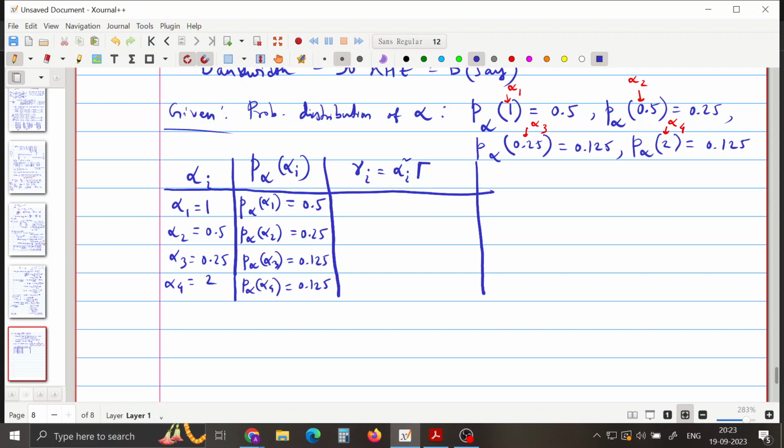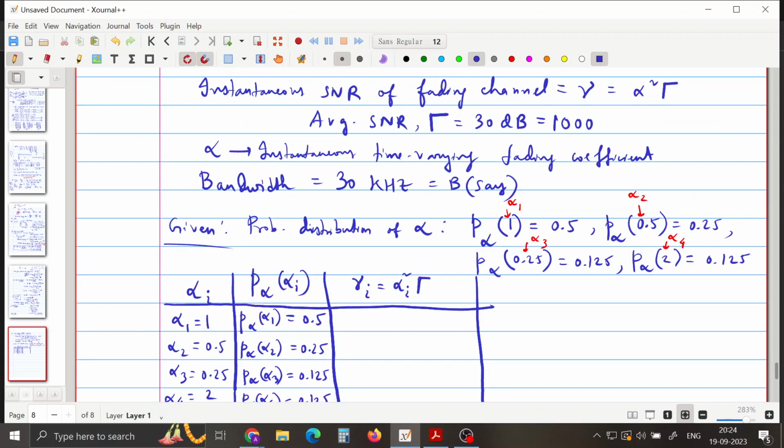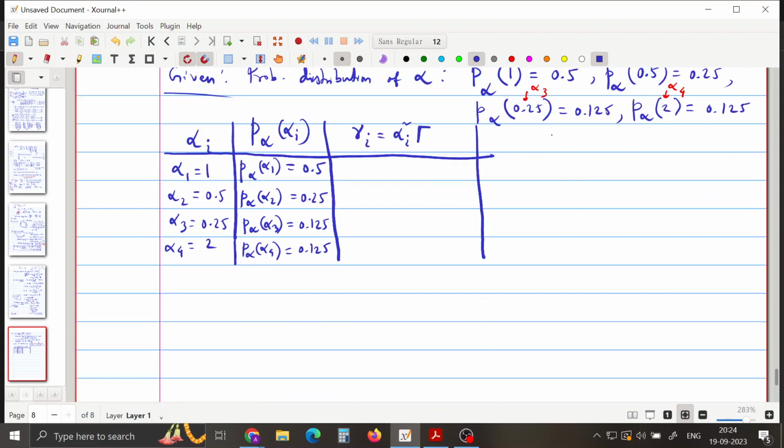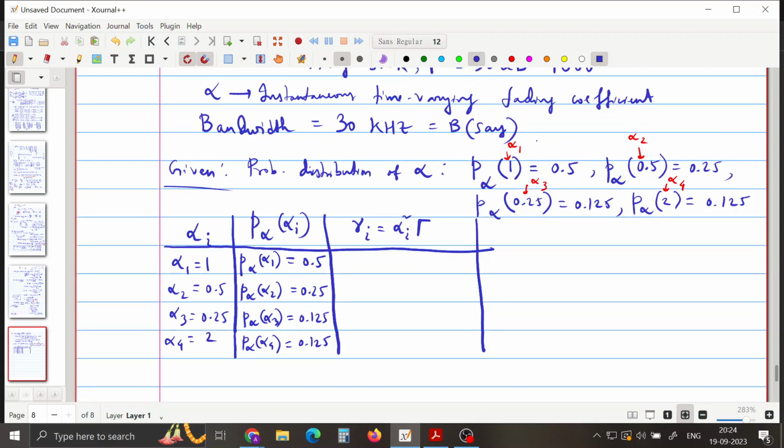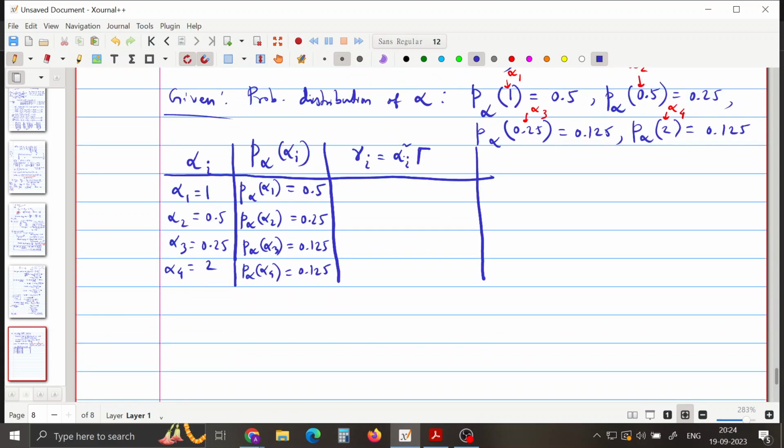In order to calculate the instantaneous capacity, because I'll need the capacities for my ergodic capacity calculation. Capital gamma is 1000. That's why I needed to convert from dB to linear for this calculation.